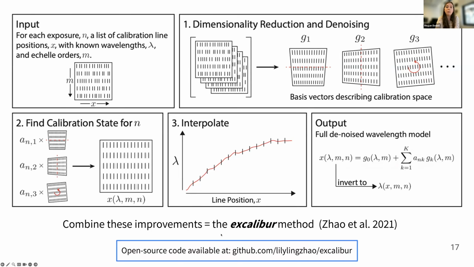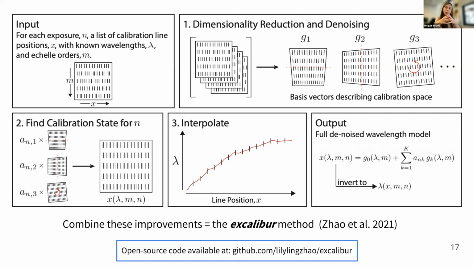And this is a nice view of the whole process made by Lily for the paper. So just to recap, with any given LFC frame, we're able to denoise it using this dimensionality reduction to inform it with all of the other possible wavelength solutions that have been observed.